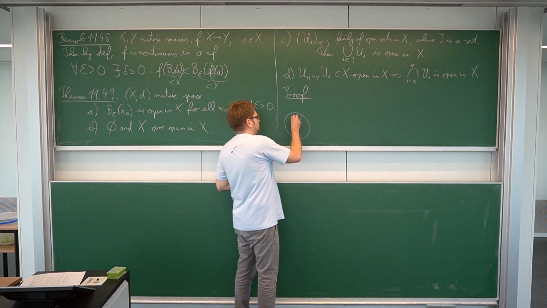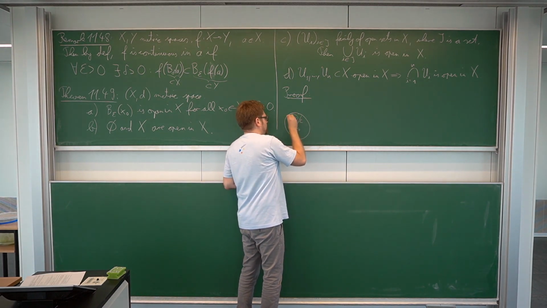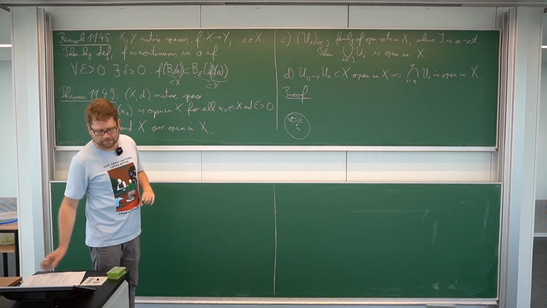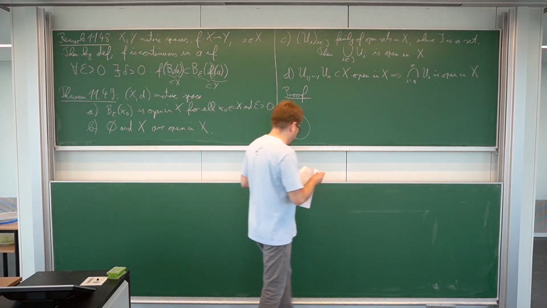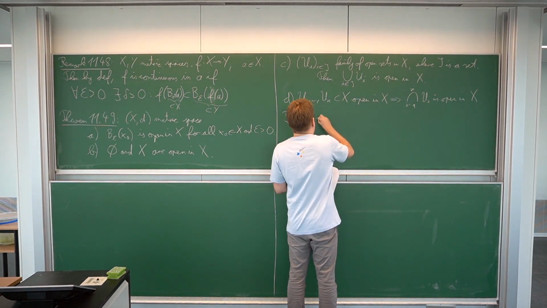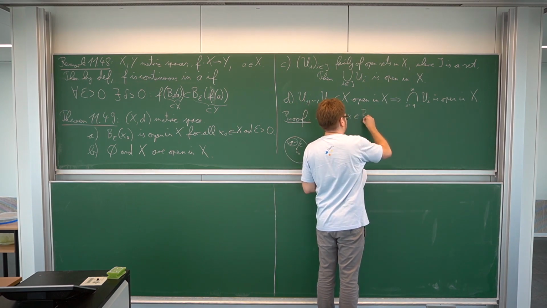This means basically we need to take some radius delta, such that the delta ball, which would be something like this, is still contained in there. So we just need to choose our radius sufficiently small. But this is not that hard, because we basically know what delta must look like. Take some arbitrary point x from the epsilon ball.